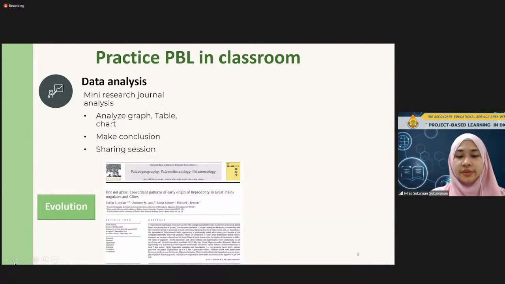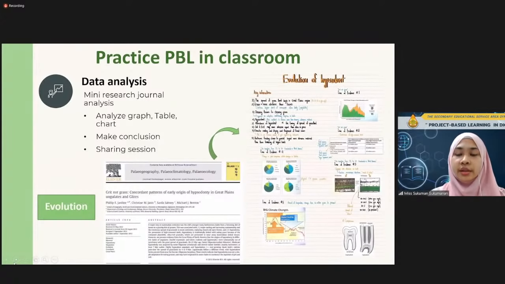So I give the students a real journal publication and ask them to analyze it. This is the result of the students analyzing the journal, and then they can make a conclusion too. It is based on many graphs and pie charts, and sometimes some of the information is from pictures under the microscope.